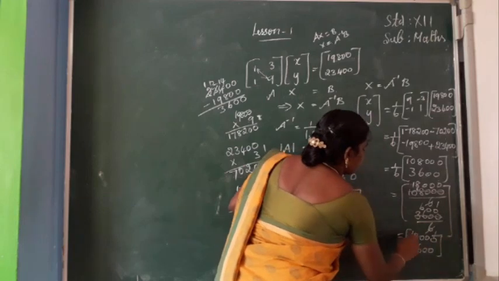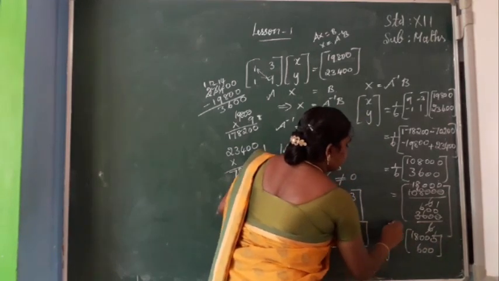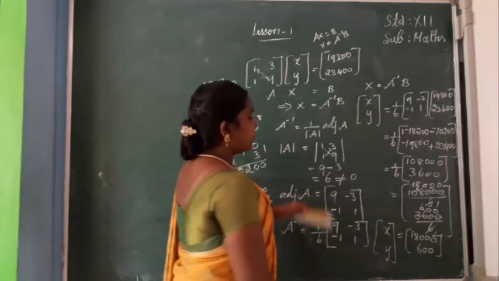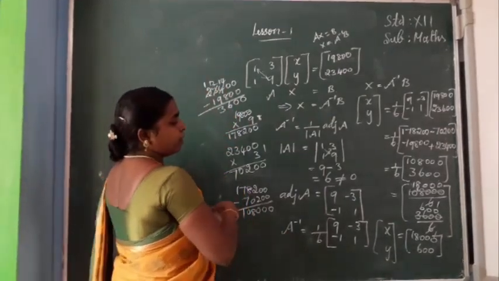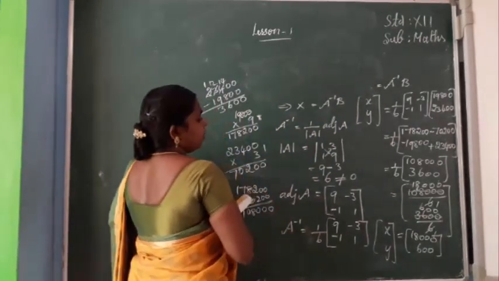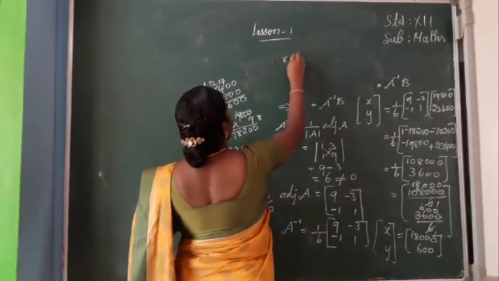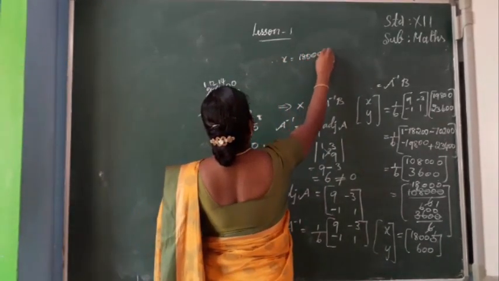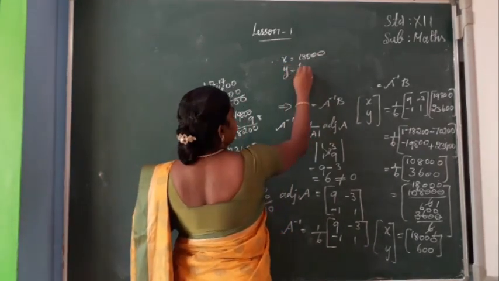Okay, first one denotes x, second one denotes y. Therefore x equals 18,000 and y equals 600.